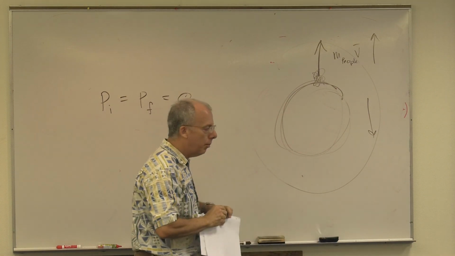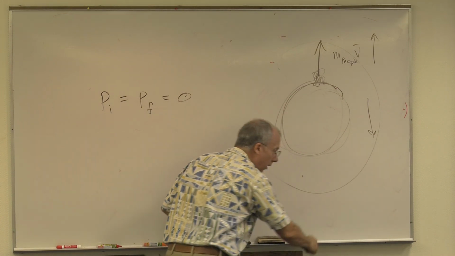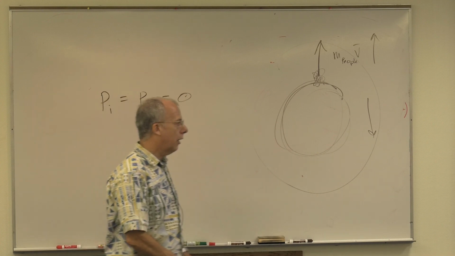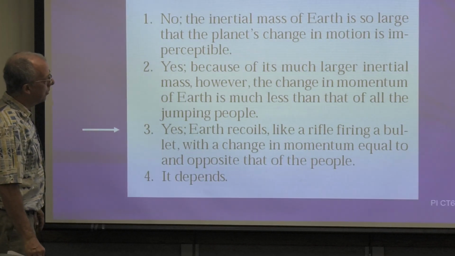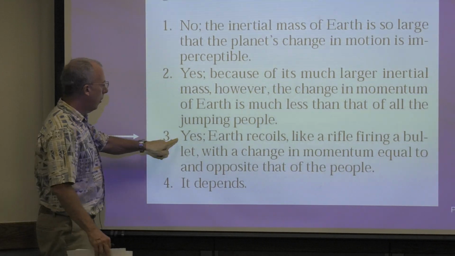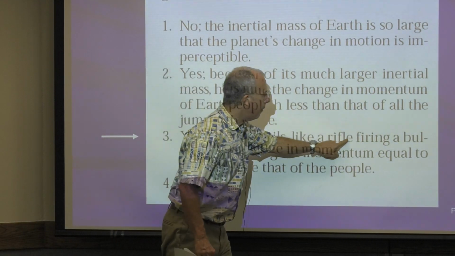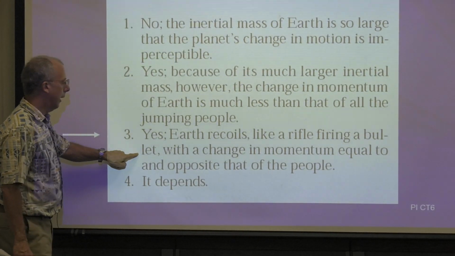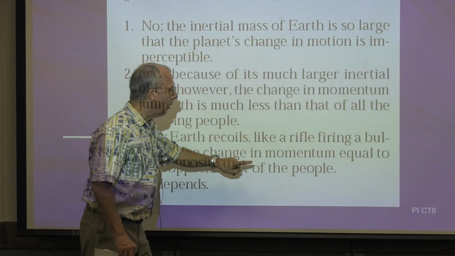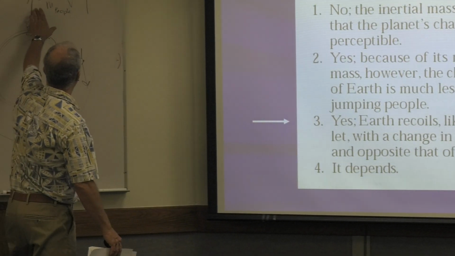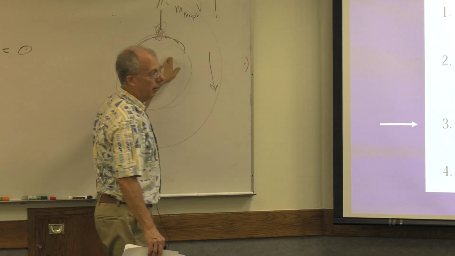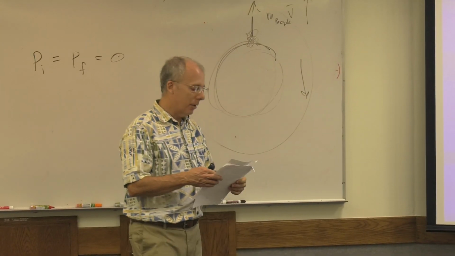The Earth has to move that way to conserve momentum. So there you go. Does Earth gain momentum in the opposite direction? Yes. Earth recoils just like a rifle firing a bullet, with a change in momentum equal and opposite to that of the people. So this momentum has to equal this momentum. Just momentum conservation.